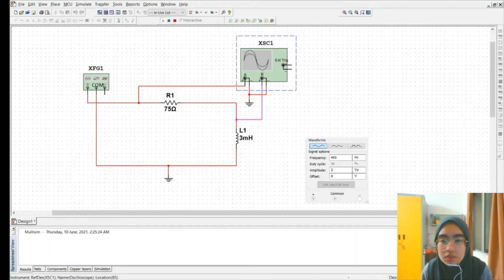Okay, first thing first, I will try 400 Hertz with the 2 VP, because it was stated in the circuit that the V in is 2 volt.